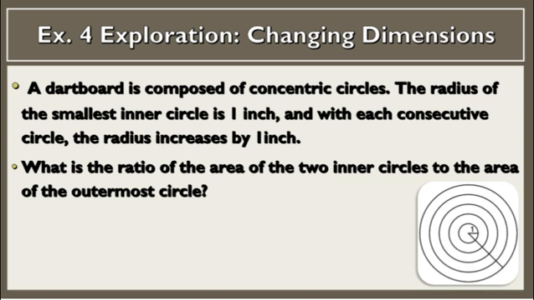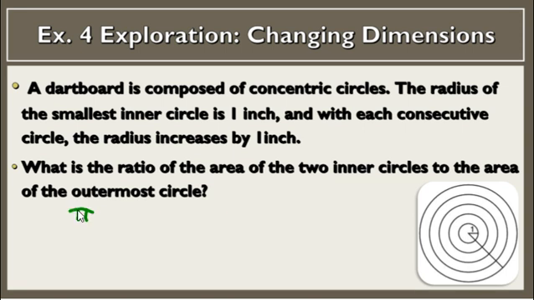Next one, the dartboard is composed of concentric circles, so this is the same one, but the difference here is now we want to compare the area of the two inner circles to the area of the outermost. The area of a circle is pi times radius squared.